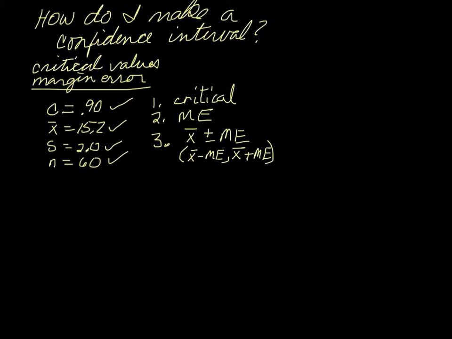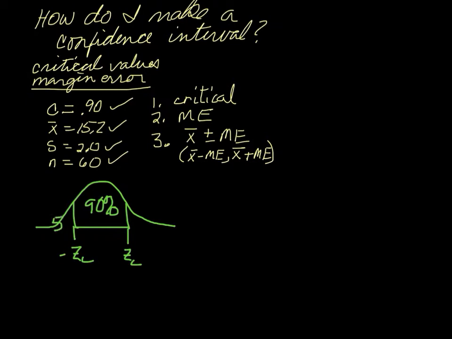So first, we have a 90% confidence level. So since that's 90%, I need these critical values right here, which are symmetric. So one's negative and one's positive. 90% of the data is right here. That means I have 5% in each tail.